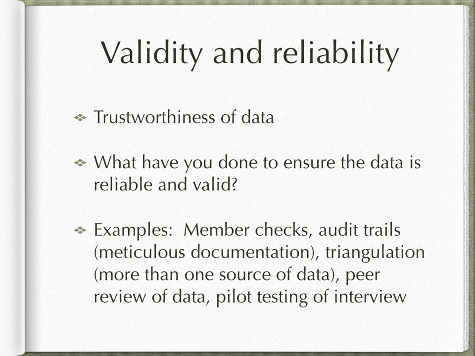The next section that goes into the methodology chapter is something around the validity and reliability of the data. Now, validity and reliability are often words that are not used in qualitative research. You would use trustworthiness or something similar.